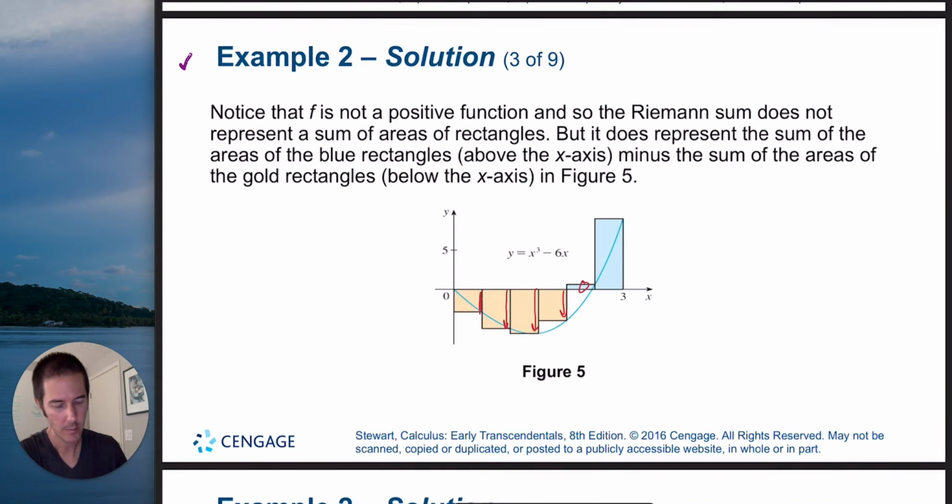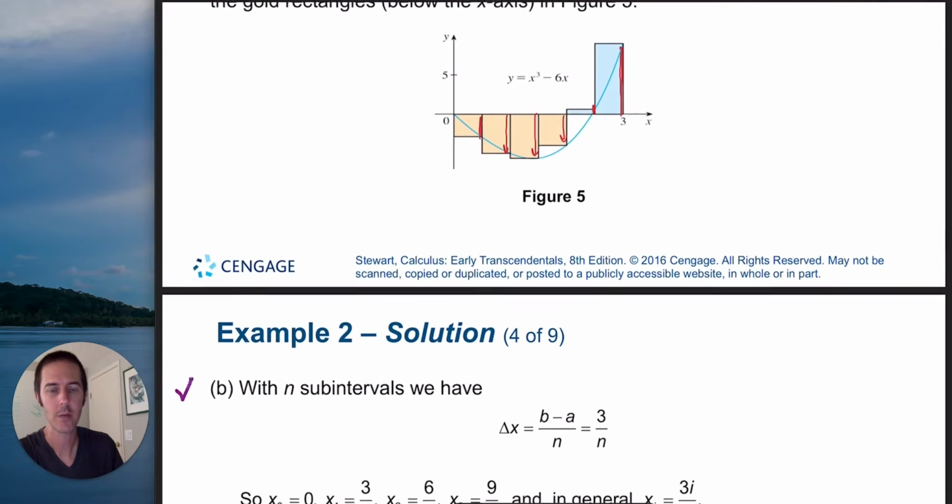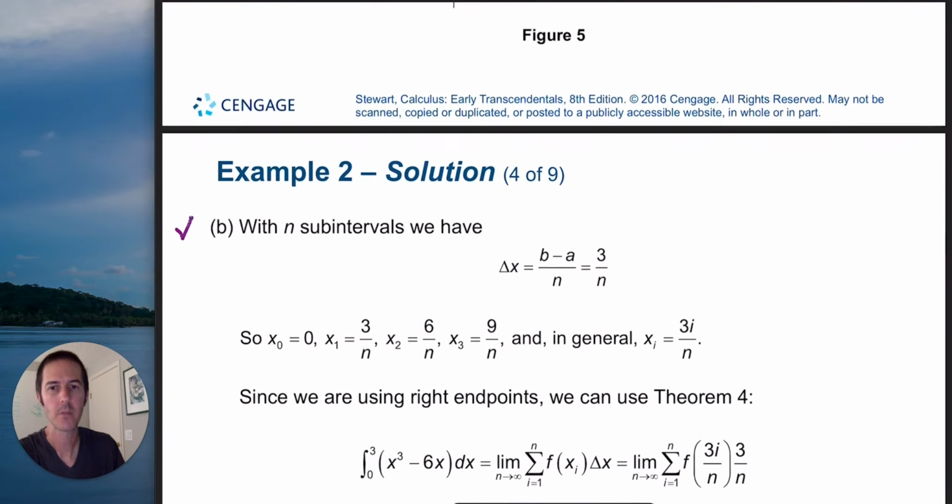Only these ended up being positive. This one has a positive height, and x sub 6 used an x coordinate of 3 plugged into the function, gave us a positive y value, so that last rectangle has a positive area. We added them all together, and it turned out that the negatives outweighed the positives, still giving us a negative sum.